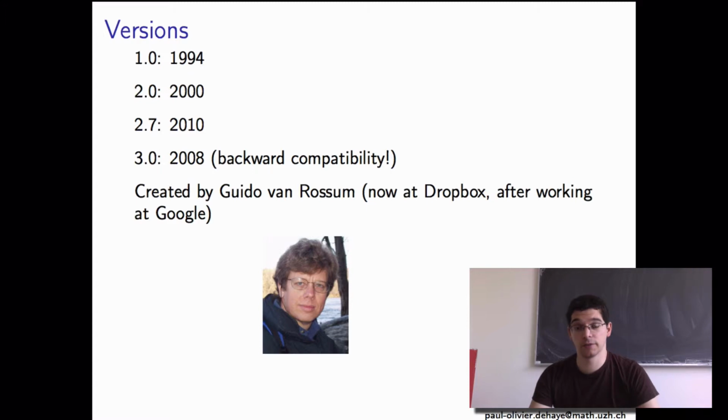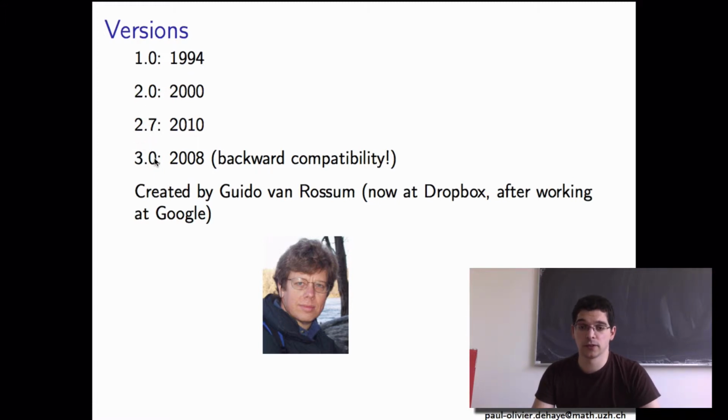Now, different versions of Python exist, starting at version 1 in 1994, version 2 in 2000, and version 3 was released in 2008 and was really an evolution of 2.0, or the 2.5 that was at the time. But the problem is that it broke backward compatibility with version 2 point something.